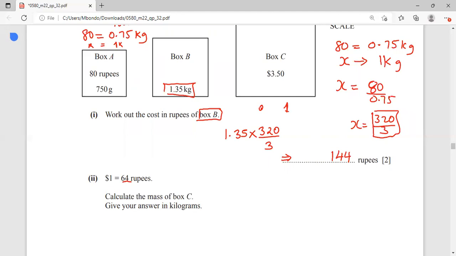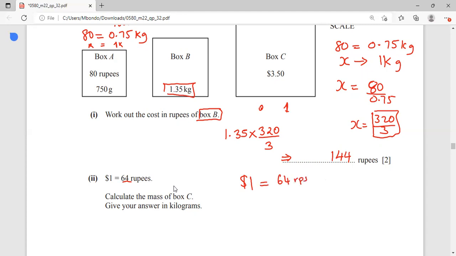So you need to understand that we first of all need to convert this amount here. We do the conversion, since we are being told that $1 is equal to 64 rupees.